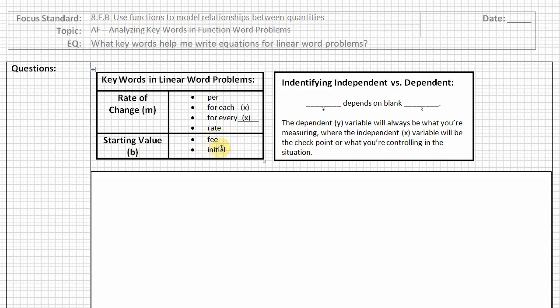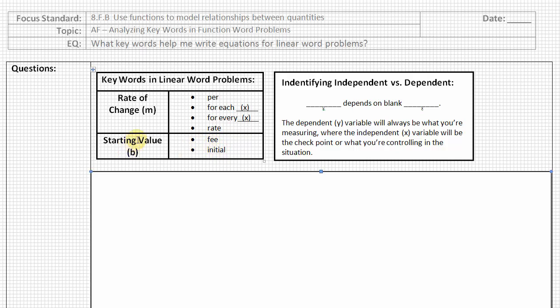Sometimes they'll talk about being gifted a certain amount of money or a starting point, but these 2 are the most common that I have found in word problems my students use. So when they use these phrases, the numbers around them are probably going to be my rate of change. And the numbers around the words fee and initial are going to show me where my starting value is.